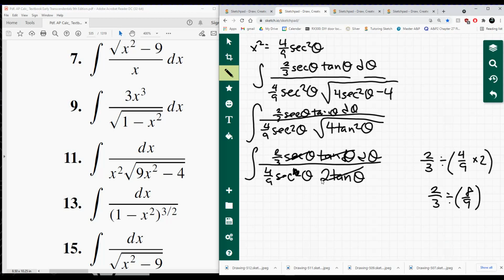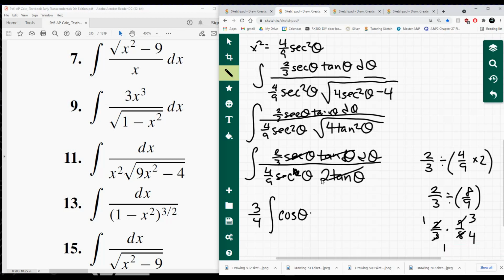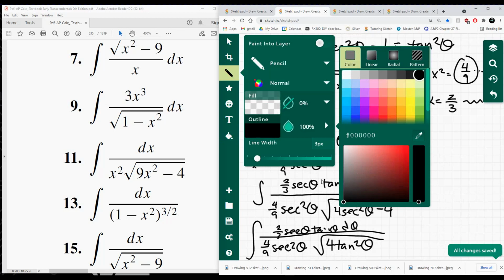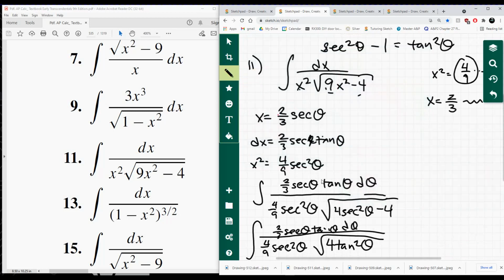Dividing by fractions is the same as multiplying by reciprocals, so we have 2/3 times 9 over 8. This we could simplify where that's 1 and 4. This is 3 and 1, so that gives us 3/4 outside the integral. And because we have a secant to the first power in the denominator only, that's just cosine in the numerator, d theta.